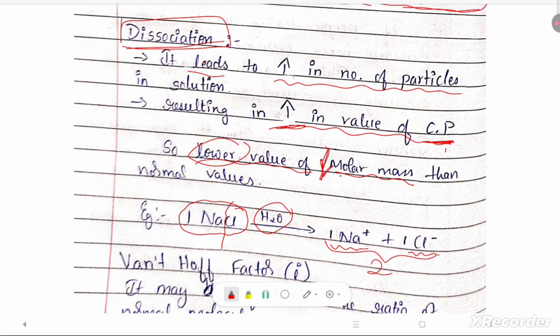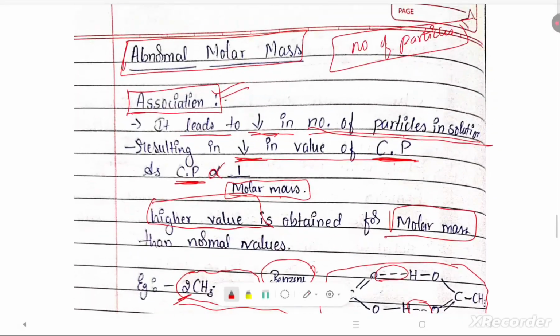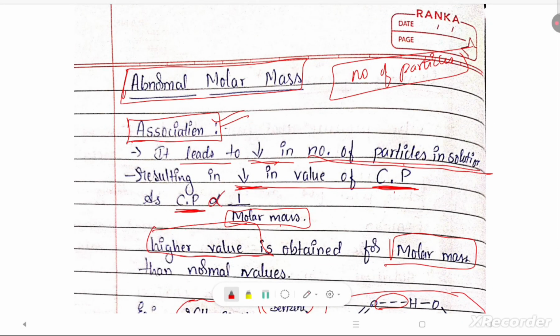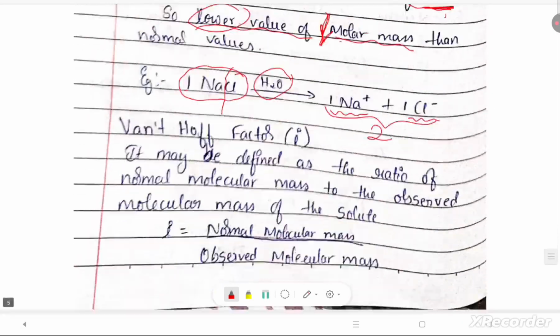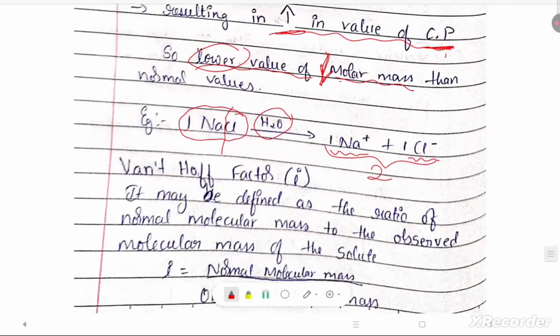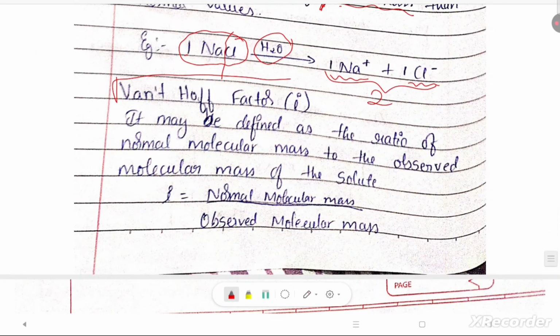Then to calculate this abnormal colligative property or abnormal molar mass, we'll use a term called Van't Hoff factor. We'll denote it by small i. You should remember the formula and the definition also. What is Van't Hoff factor?